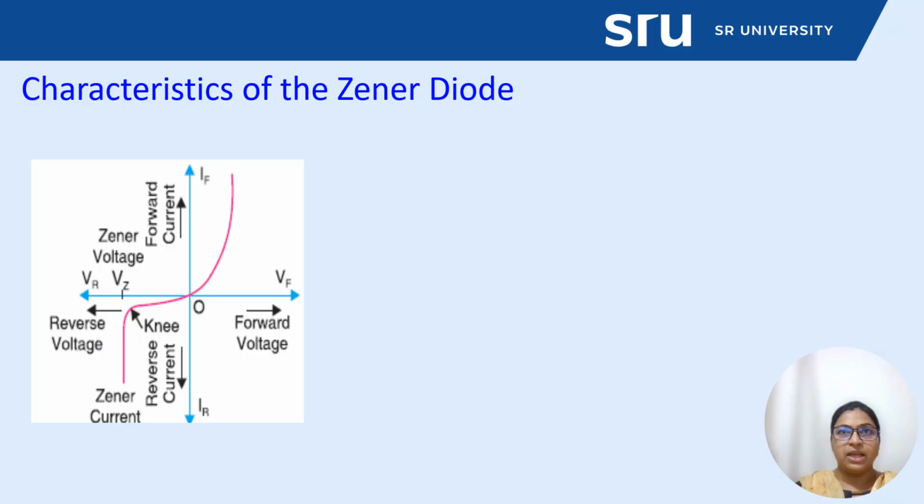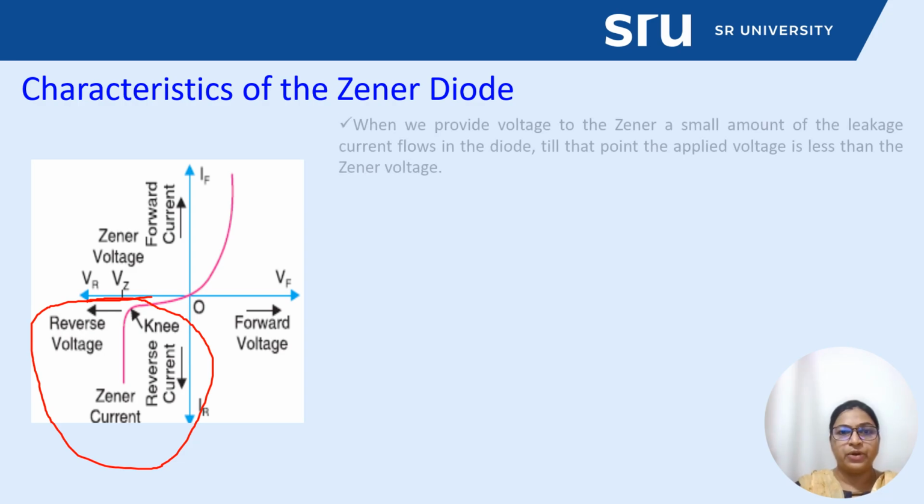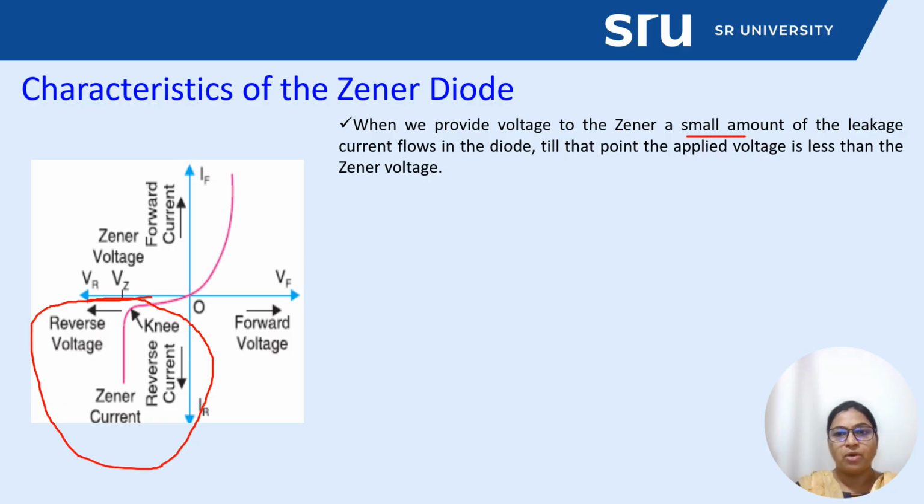The main important part of the Zener diode is this reverse voltage and current. If we summarize the important points: when we provide a voltage to the Zener, a small amount of leakage current flows in the diode until it reaches this region.